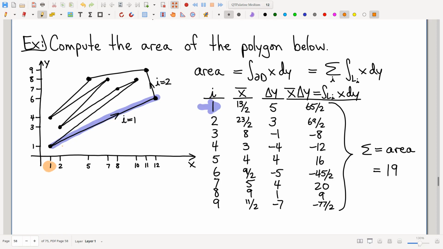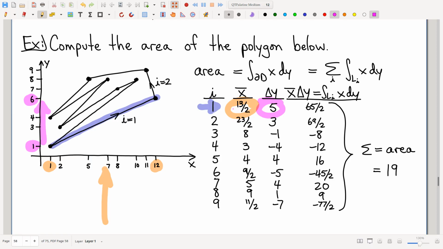Well, it starts at 1, it ends at 12, and the average is halfway in between 1 and 12: 13 halves. There's your x bar. Look how easy that was. Now, what is delta y? y started at 1 and ended at 6, so delta y is 5. Oh my gosh, so easy.